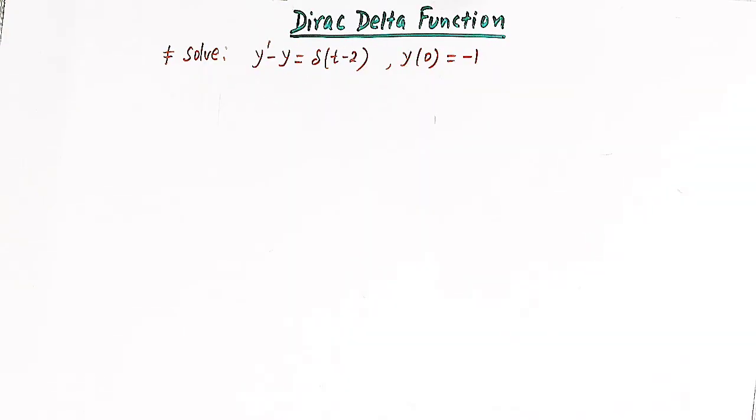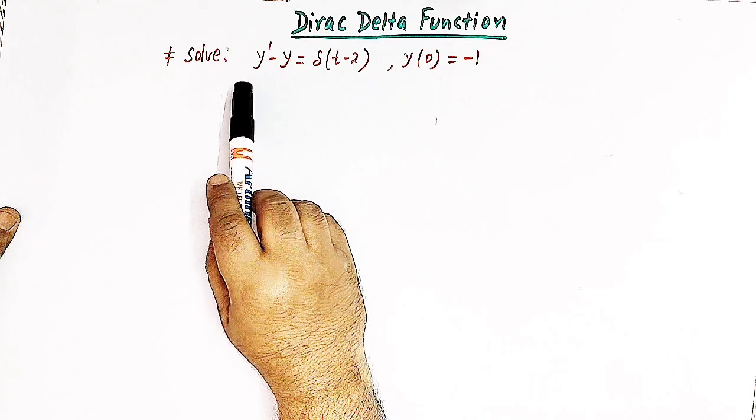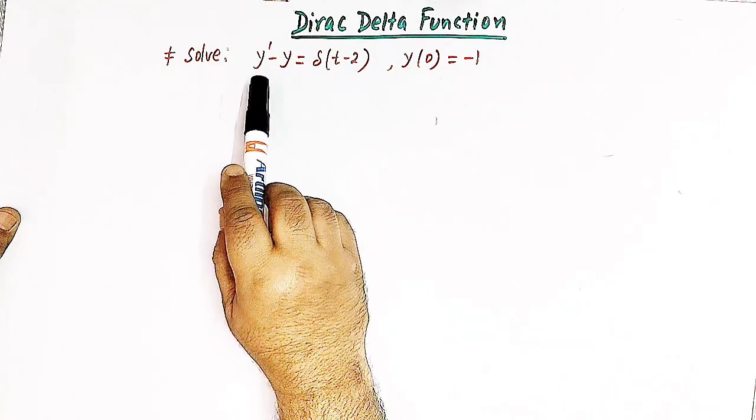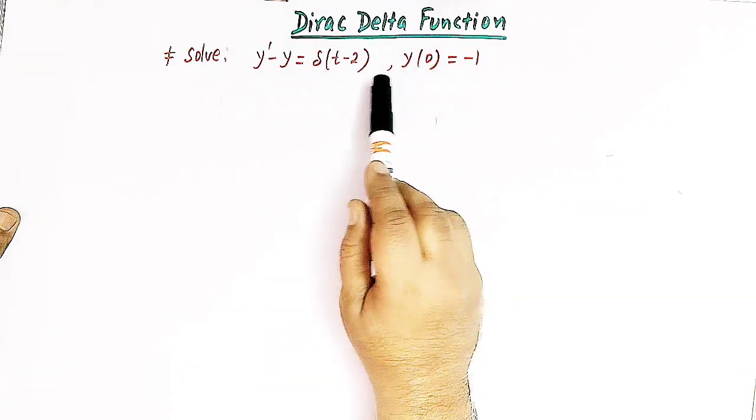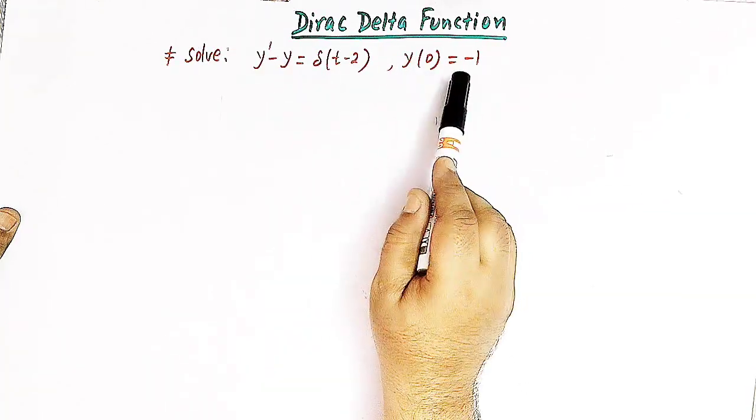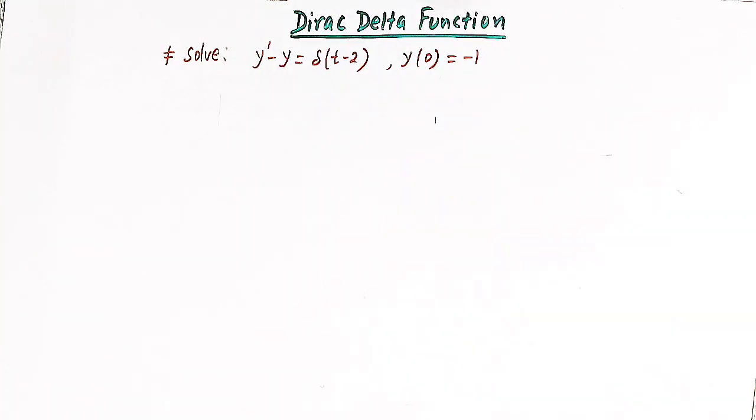Hello viewers, in today's session, we are going to discuss another differential equation involving the famous Dirac delta function, right? So here in this class, we are going to solve this differential equation, that is y prime minus y is equal to delta of t minus 2, and the initial condition is given as y of 0 is equal to minus 1, right?